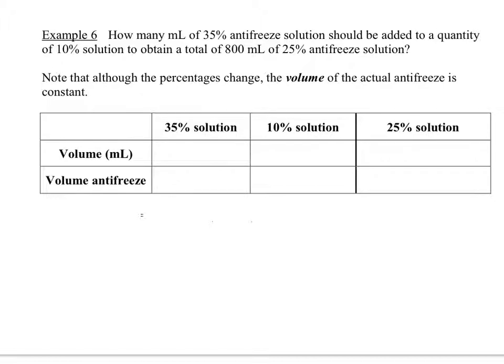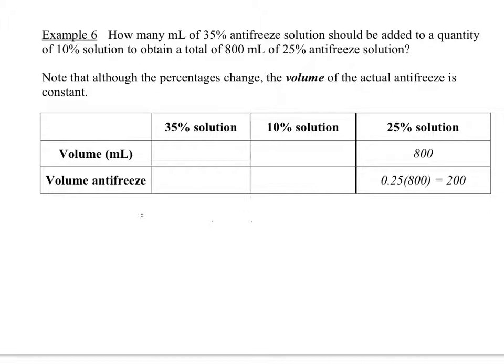Now, some of this table is easy to fill in. We know that we should have 800 milliliters of 25% solution in the end. And since it's 25% solution, that means that 25% of the 800 should be actual antifreeze. So 25% of 800 is 200.